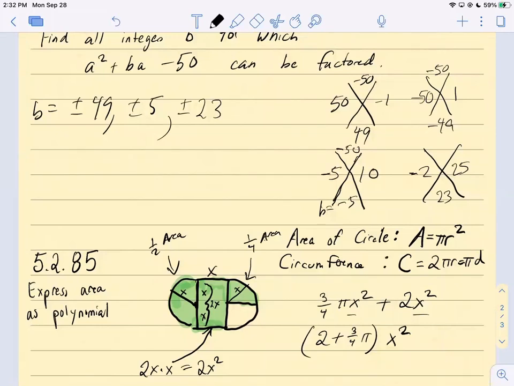Hit thumbs up if you feel comfortable with using the area formula and combining the pieces together. And also hit no if there's some step that you're shaky on. Just message me as well if there's some step that you're shaky on.